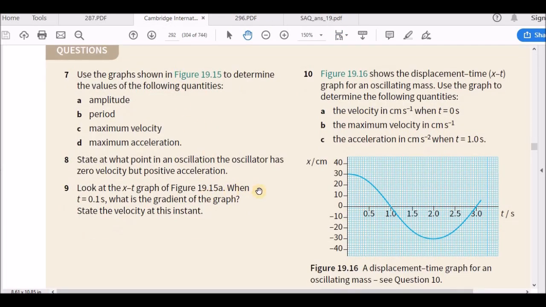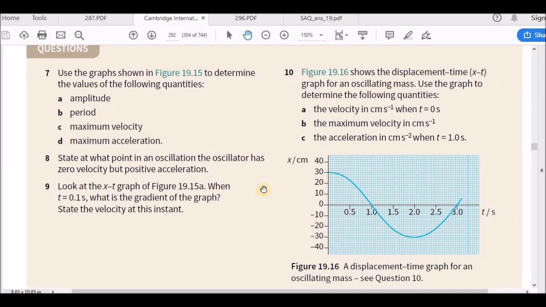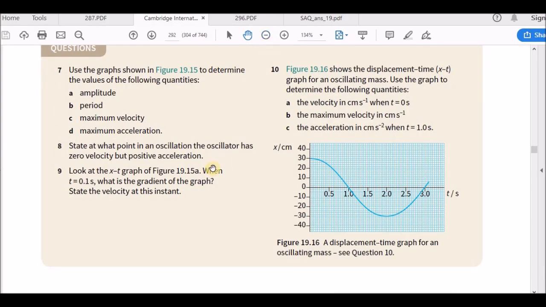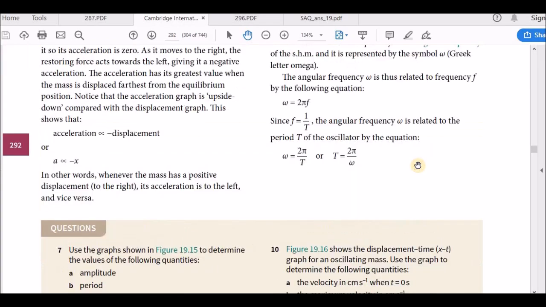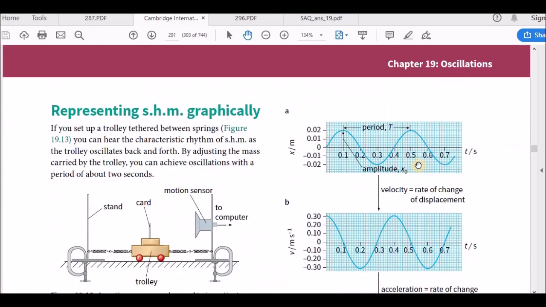Okay, look at the graph. Look at the x-t graph of figure 19.15a. There is a displacement time graph. When t is equal to 0.1 seconds, what is the gradient of the graph? State the velocity at this instant. So when the time is 0.1 seconds, the gradient is 0.